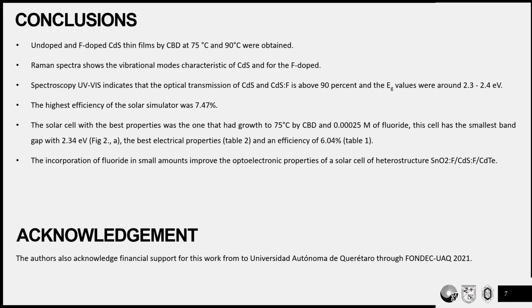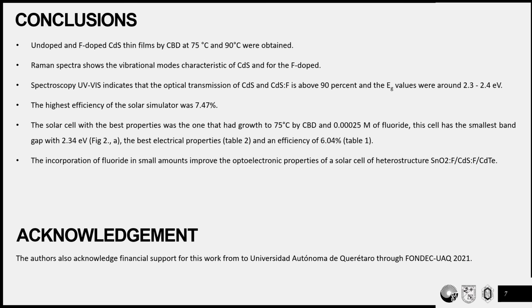The highest efficiency of the solar simulator was 7.47%. The solar cell with the best properties was the one that had grown at 75 Celsius degrees by CBD and 0.0025 molar fluoride.